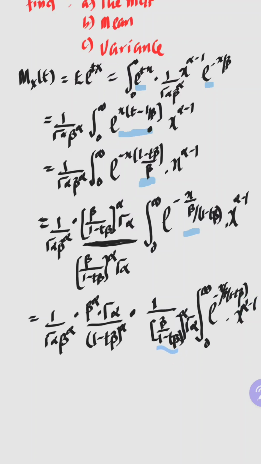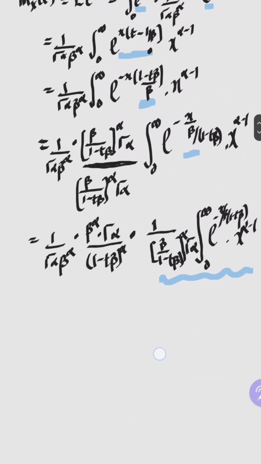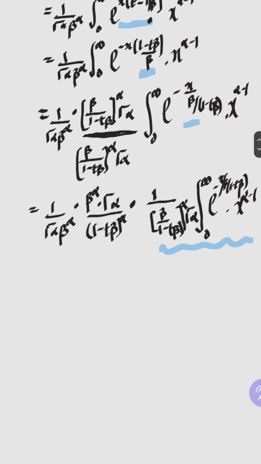Now looking at this, it is a PDF of a gamma distribution, but the parameter is quite different from the one given in the question. Now this is going to be a PDF, and don't forget that a PDF sums up to what?